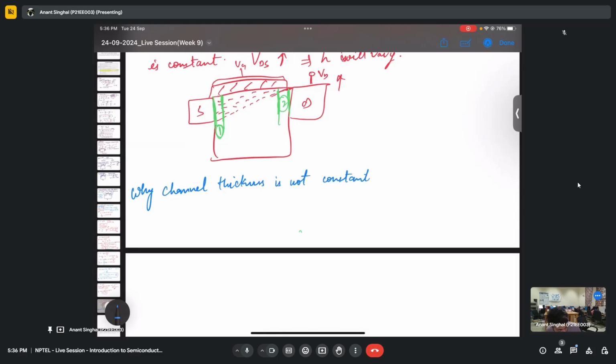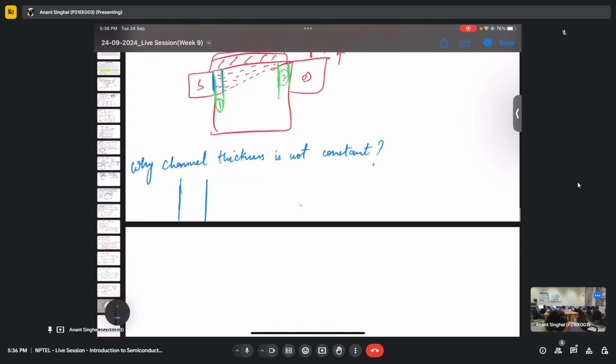If I talk about the first region, region 1 that I have marked, let me make a very crude diagram. Let's say this is the gate, this is the inversion layer, and this is the semiconductor. There is an inversion, right? We know that there is a channel here. Why? Because of VGS minus VC, where VCX here is nothing but 0, and at the other point x is nothing but VD.